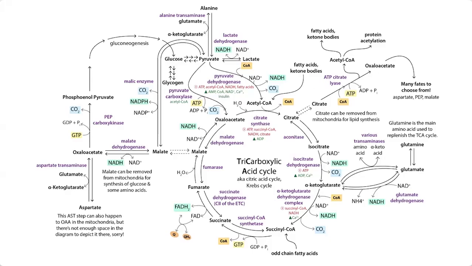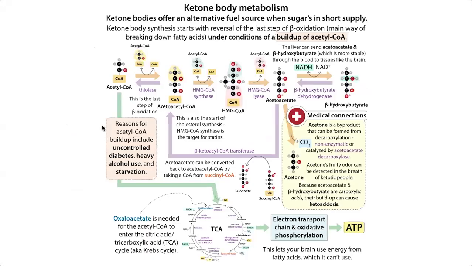If we have a lot of acetyl-CoA building up, this is going to cause problems. And so if we have a lot of acetyl-CoA built up, what can happen is we're actually going to get ketone body formation. Ketone body formation happens when the last steps of beta-oxidation go backwards because there's so much buildup.